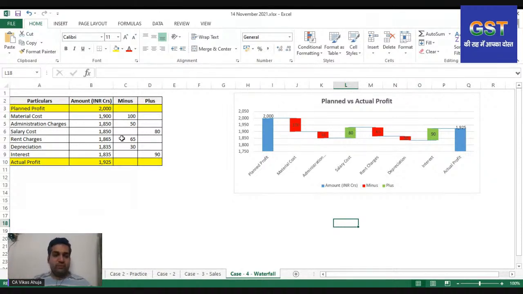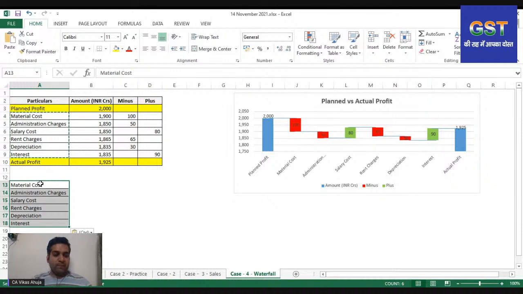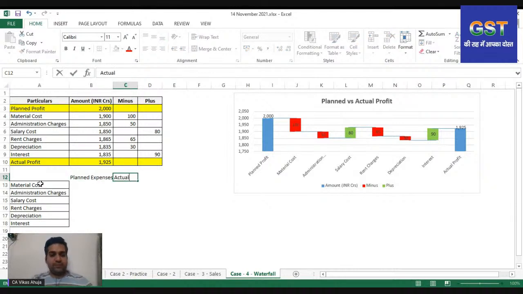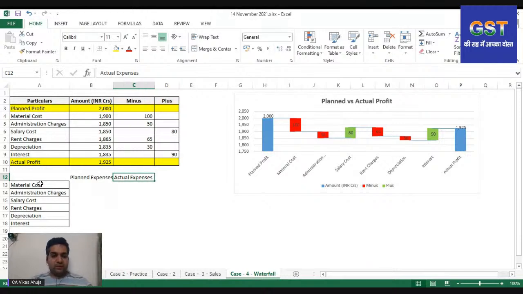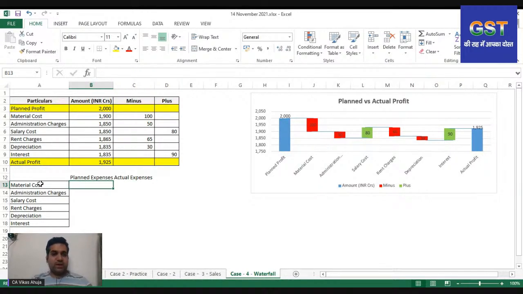So obviously, I'm sure all of you would understand what is this minus and what is this plus. So if I take these heads, this is just example heads, and this is my planned expenses, and this is actual expenses. And here we say, okay, my material cost was supposed to be 3000, and it was like 3100.